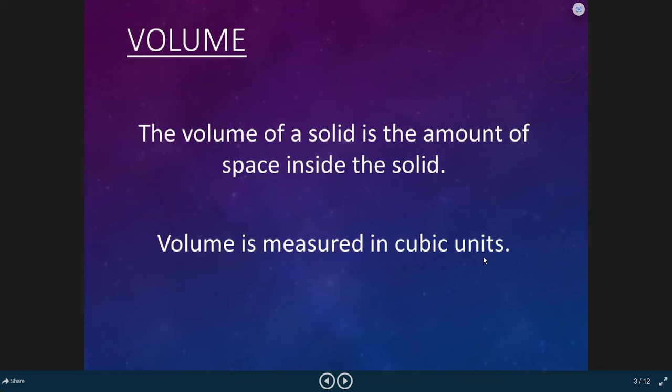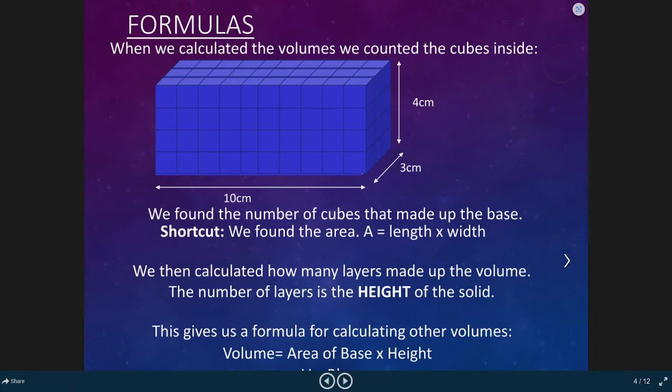Okay, thank you. You have 2 points. So the volume of a solid is the amount of space inside the solid. Volume is measured in cubic units.